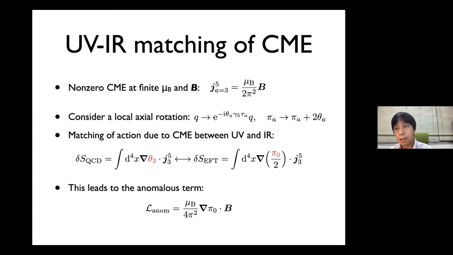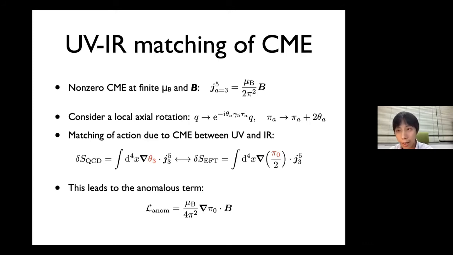Under this axial rotation, we have a variation of the QCD action in this way. The parameter theta 3 is the third component, which is coupled to the third component of the axial current. Similarly, under this transformation, we have a variation of the action of the low energy effective theory in this way.